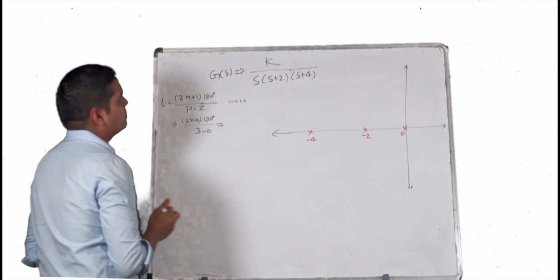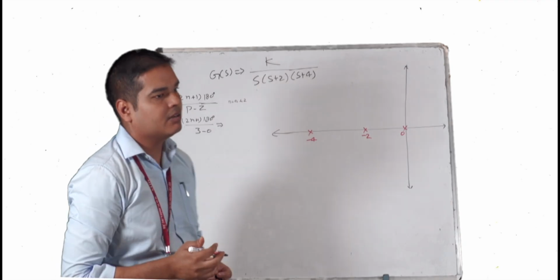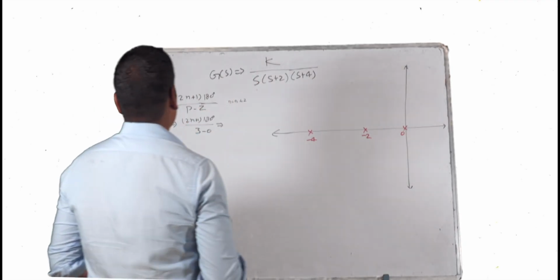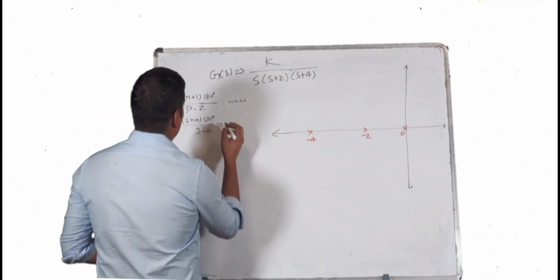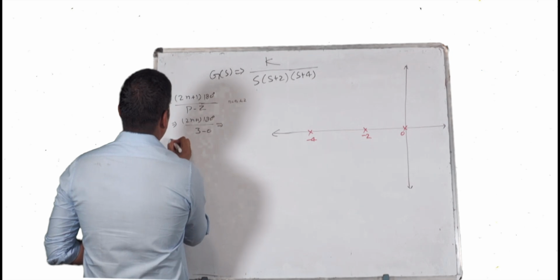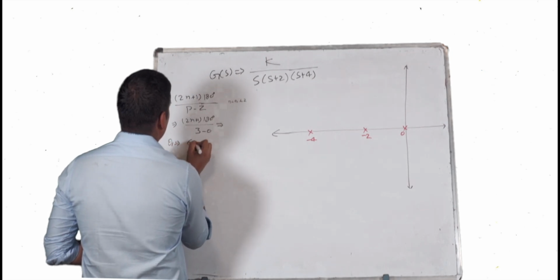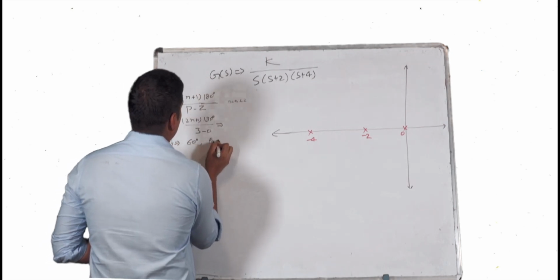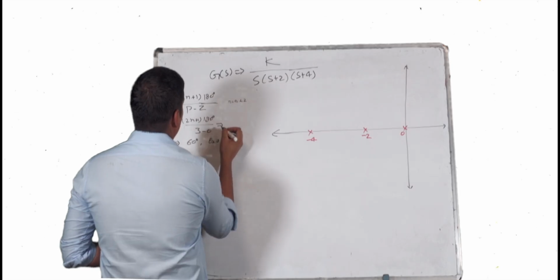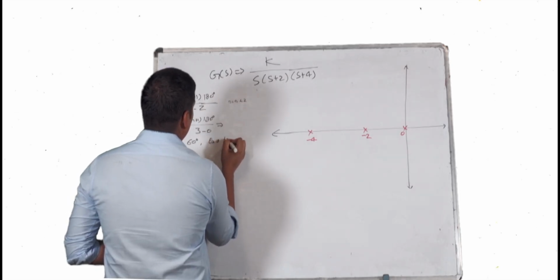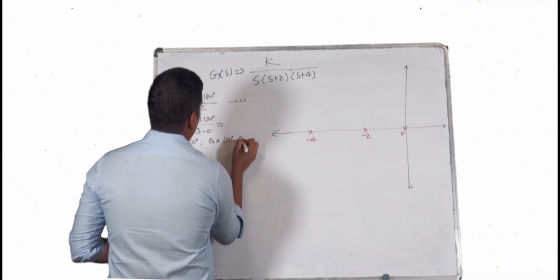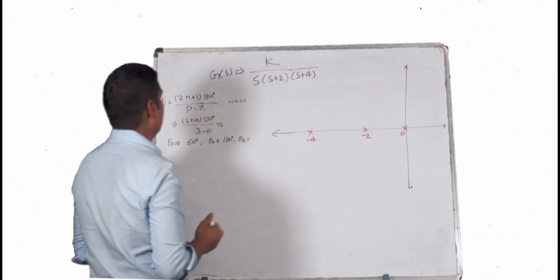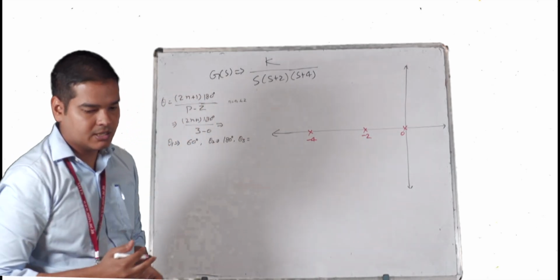Because there are no zeros, all the poles will terminate at infinity only. That is why 3 asymptotes are going to be there. So with this we can get the values: theta 1 will be 60 degrees, theta 2 will be 180 degrees, and theta 3 will be 300 degrees.